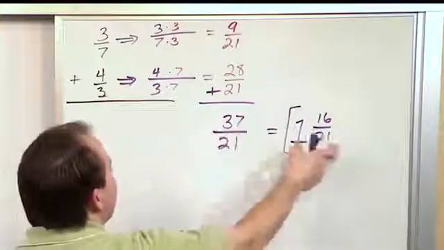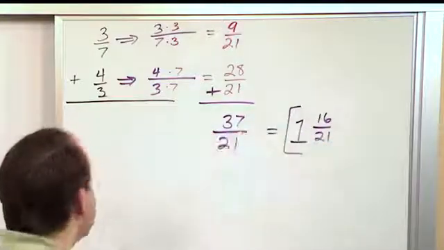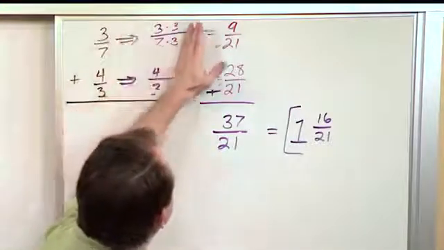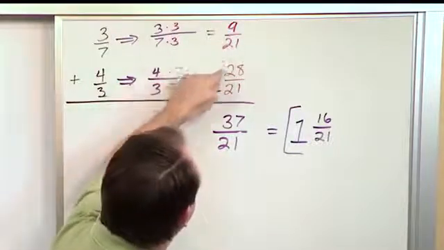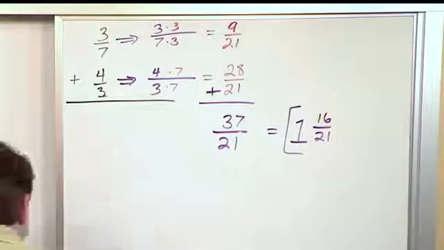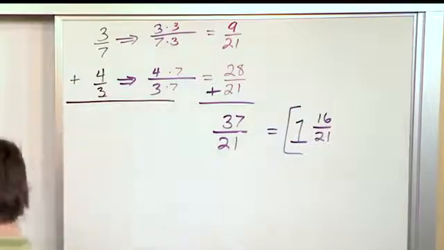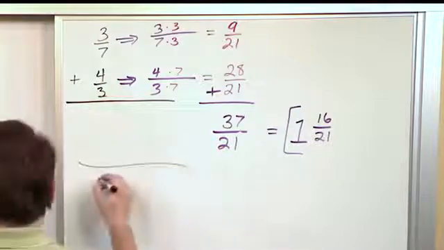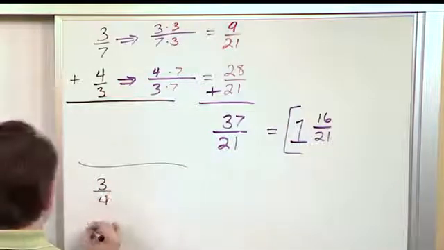This is a skill going back and forth between these two things that we got from previous lessons. All right, but again, notice, all we're doing is trying to manipulate these fractions to give me the same number on the bottom. Once that happens, we add and simplify the same as we always have. All right, let's do a couple more just to get a little more practice. What if we have 3/4 plus 3/5?